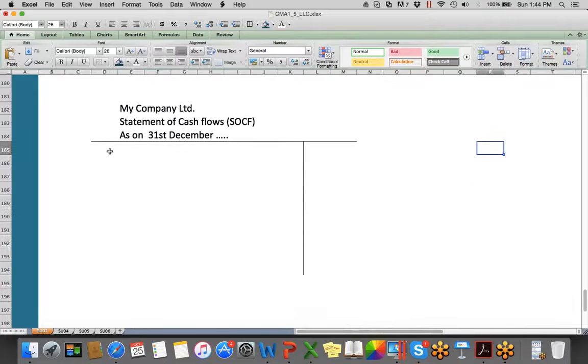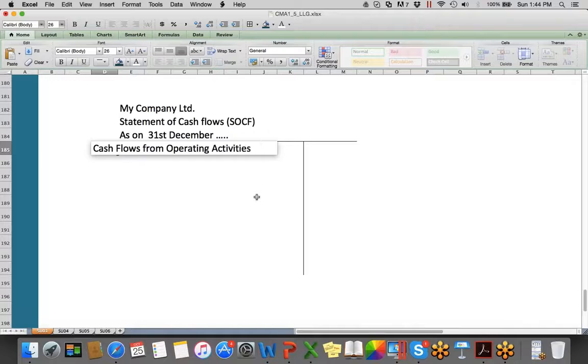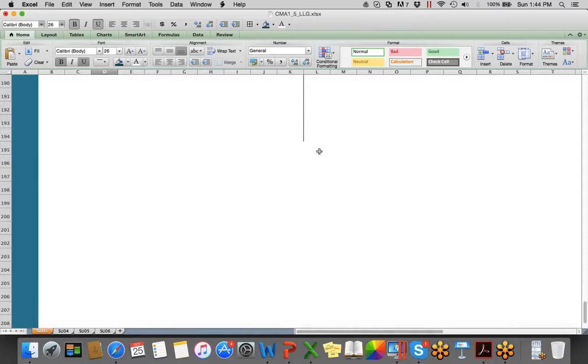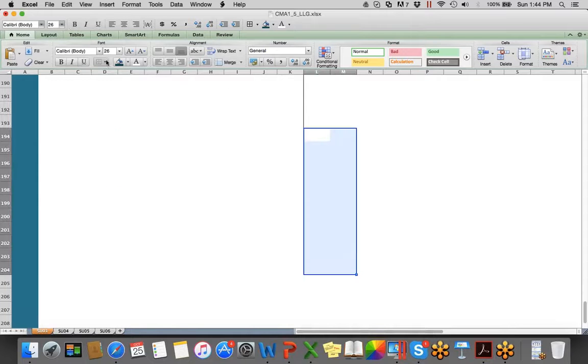So you will have three headings here. One, cash flows from operating activities.